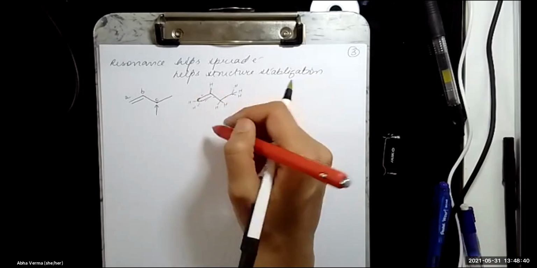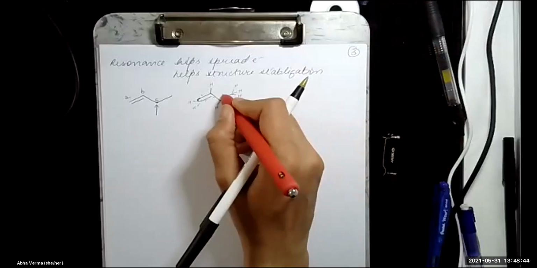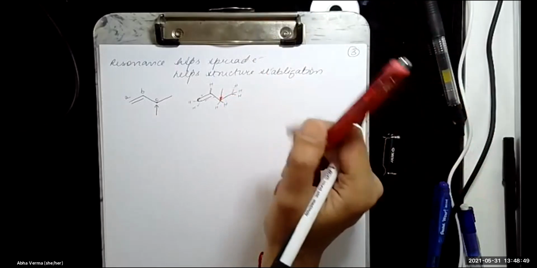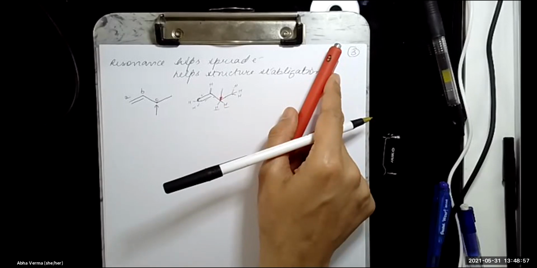So among all of these, where are your allylic carbons? This is my allylic carbon. How many allylic hydrogens do you have? 2. Yes, very good.